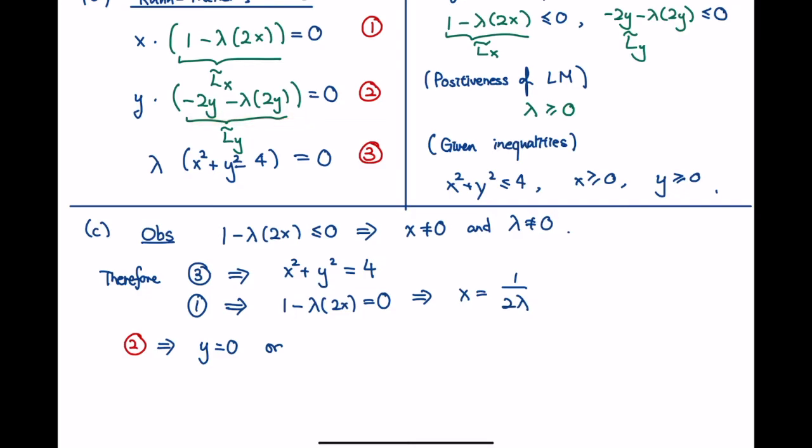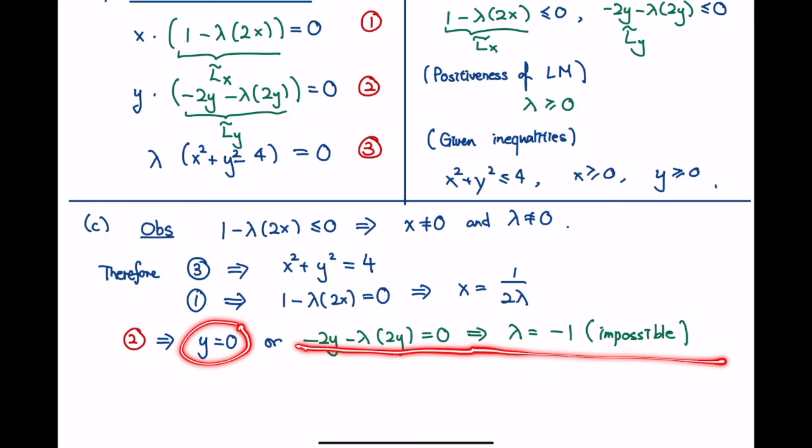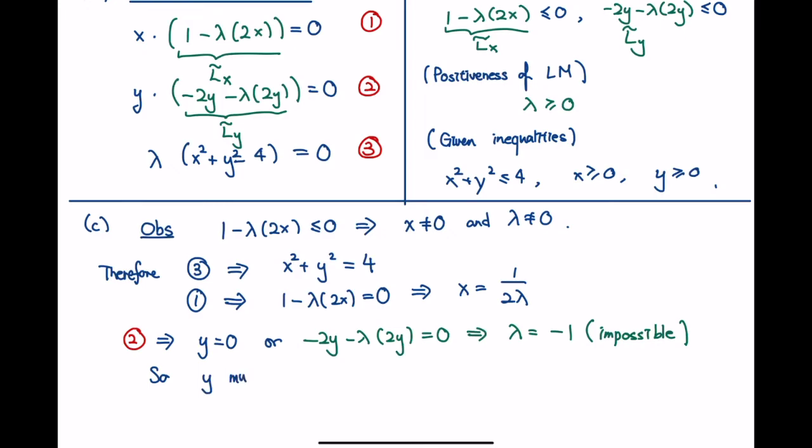The other bracket is minus 2y minus lambda 2y equals 0. But if the other bracket is 0, then lambda equals minus 1. Is it possible? No, because we know that in this case, the Lagrange multiplier has to be non-negative. So this is impossible. So if this is impossible, then y equals 0 must be true.